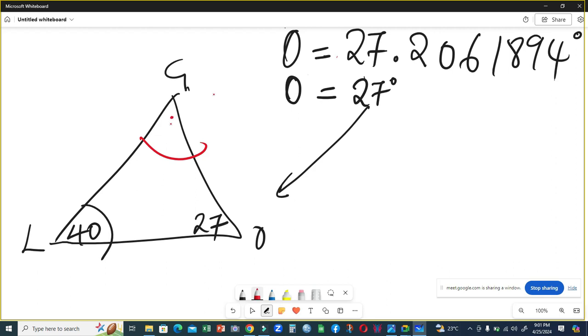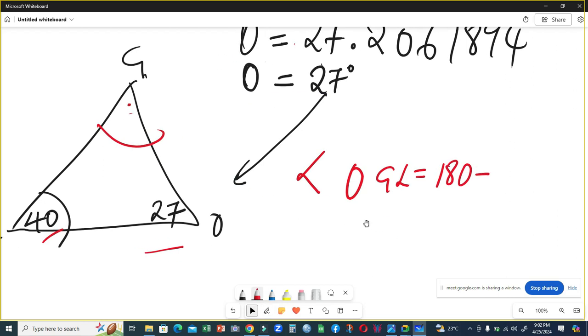So we just use the properties of the angles in a triangle, the total number of angles. When we add 40 plus 27 plus angle G, it will give us 180. In short, angle OGL is equal to 180 minus the answer that we get when we add 40 plus 27.